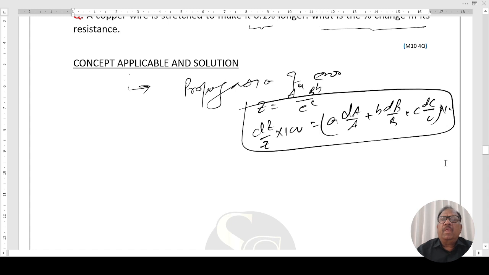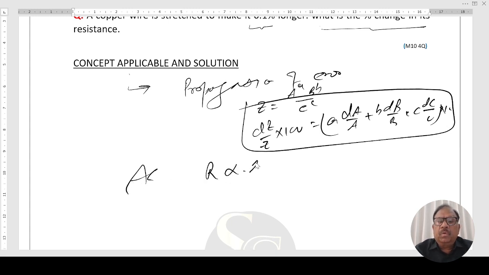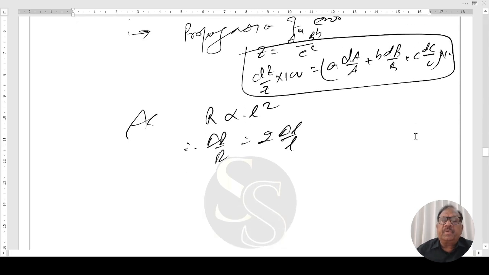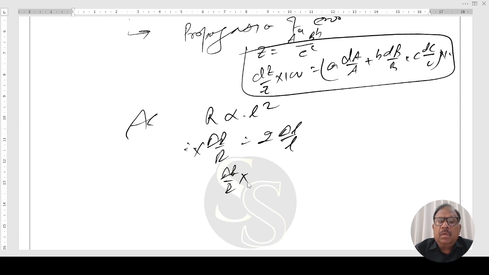Now here, as R is proportional to L square, therefore delta R by R will be equal to twice delta L by L. Percentage change will be delta R by R into 100 equal to twice delta L by L into 100.